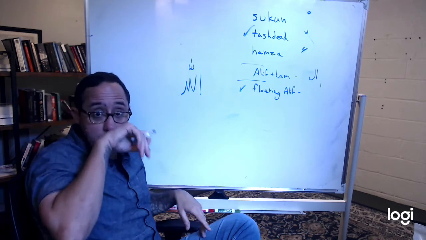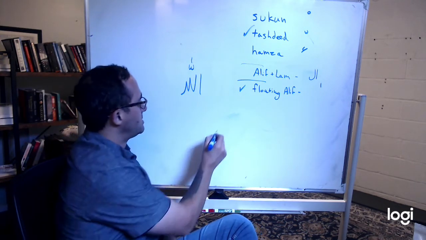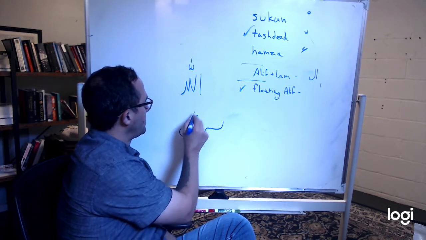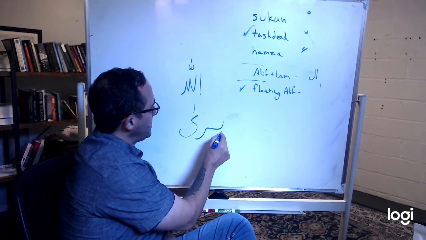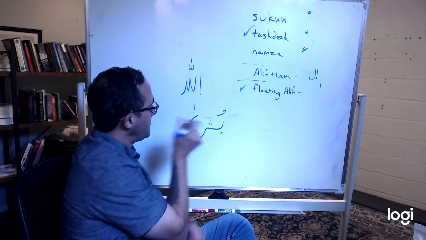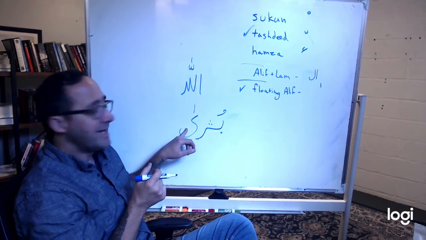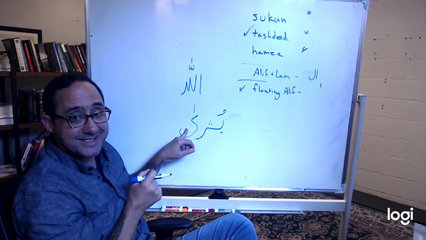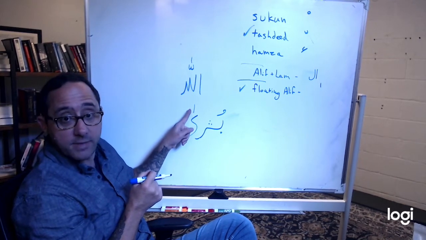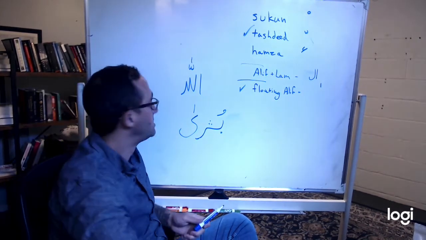I also knew someone, her name was Bushra. It would be B, sh, ra. I don't know why it's an E instead of an but there was a floating Alif above that. Okay, Bushra.